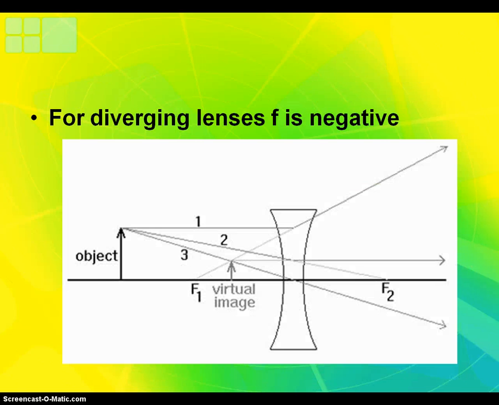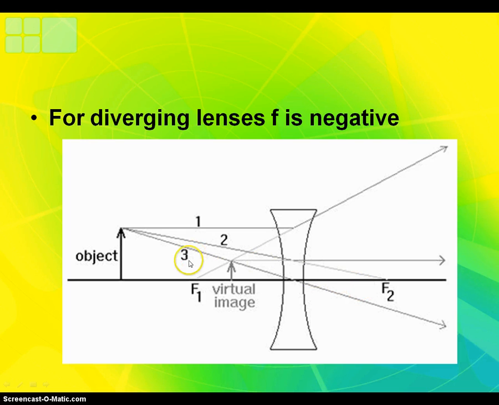So here you can actually see for diverging lenses what ends up happening. The first ray goes from the object parallel to the principal axis, and then as it encounters the lens, it's going to diverge up this way. So we're going to use this focal point first, and then the second time we're going to use this focal point.